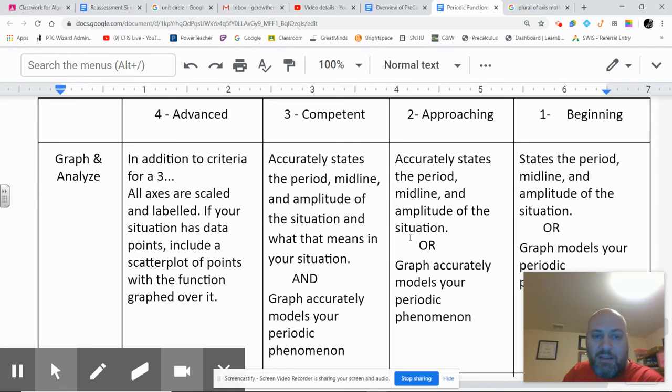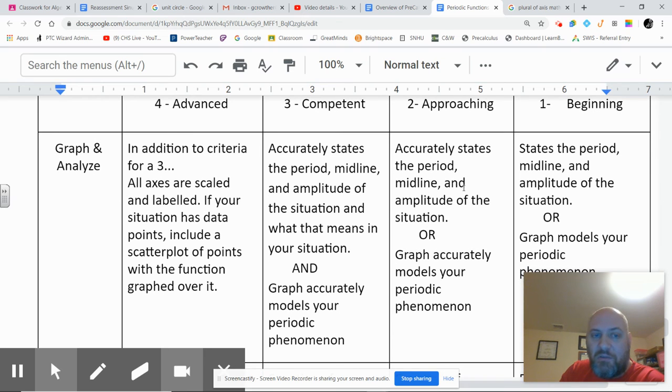If you have collected data points, we have a scatter plot, and then your graph is drawn over the scatter plot. You're not running a regression. You're creating an equation from your period, midline, amplitude, and phase shift, putting in your data table, and then seeing how accurate your equation is without a specific R-squared value. You don't need to do a regression.